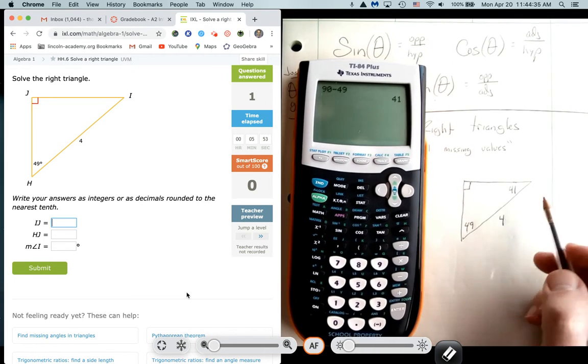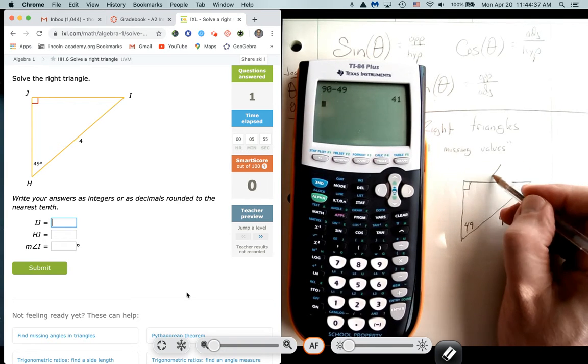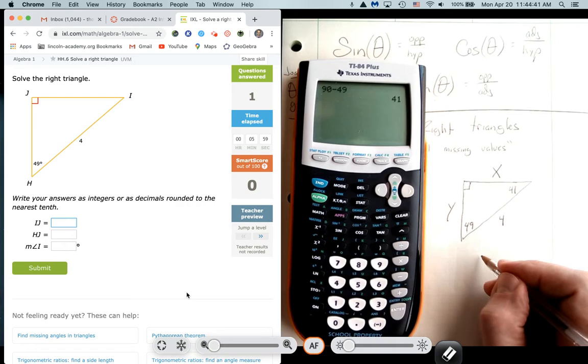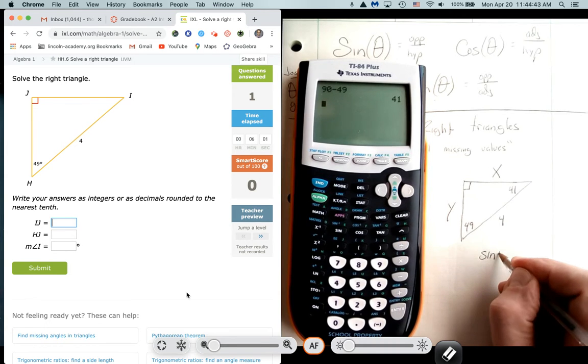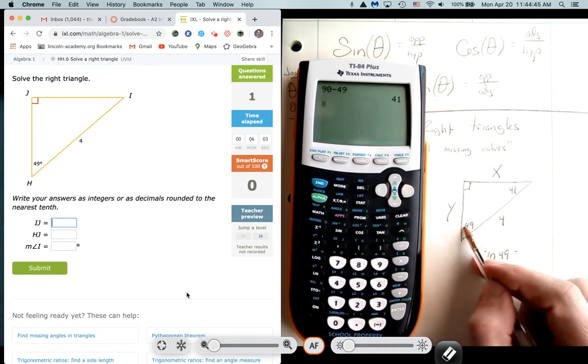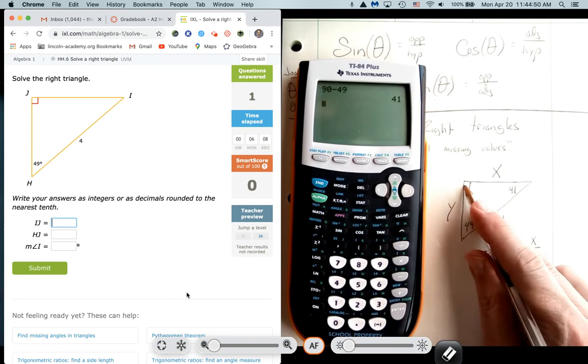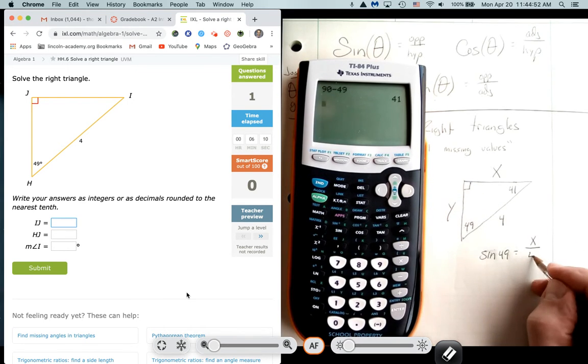Now I'm going to start using my trig functions, but I'm going to label this x and this y. So I'm going to say that the sine of 49 degrees is equal to the opposite, which is x, over the hypotenuse. Here's the right angle, so the hypotenuse is this, 4.